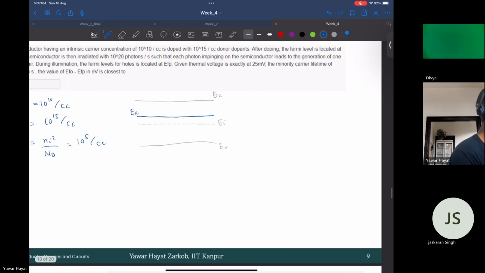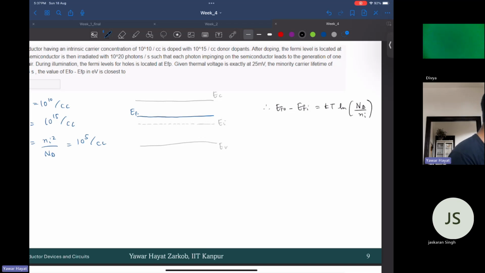So your EF0 minus EFI, the formula is KT ln of Nd by Ni. So this is then equal to 0.025 ln of 10 to the power 5.